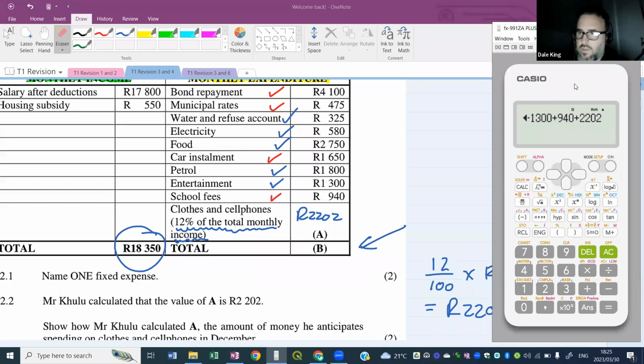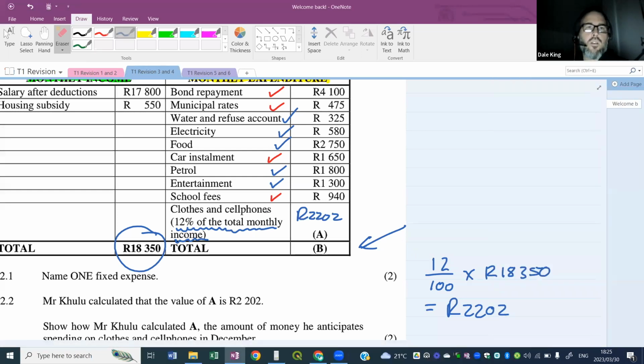All right, so there we go. I think I've got all my numbers in there. You should have your answer there too. And when I press equals, we get 16,122.